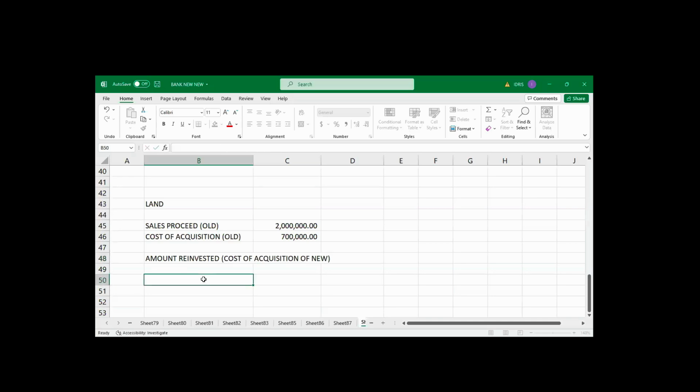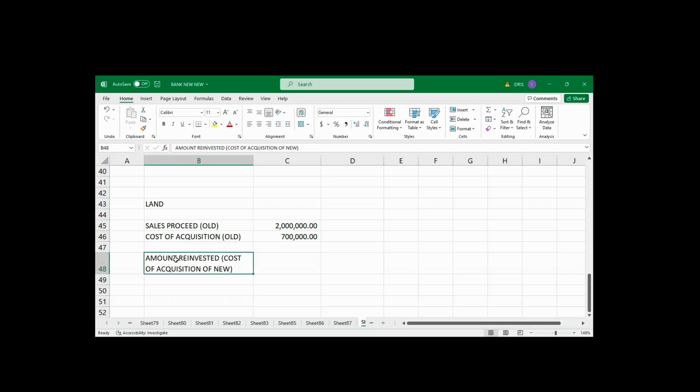Do you understand? I want you to understand, that is the reason why I do it like this, so that you can have it in your mind. Another name for amount invested means cost of acquisition.